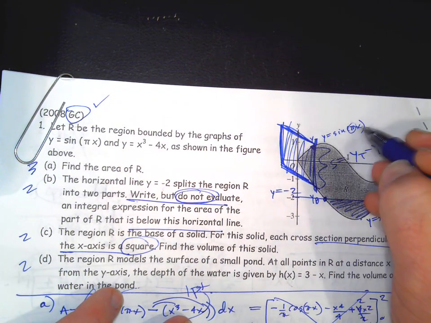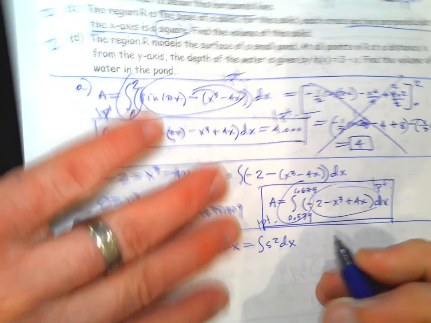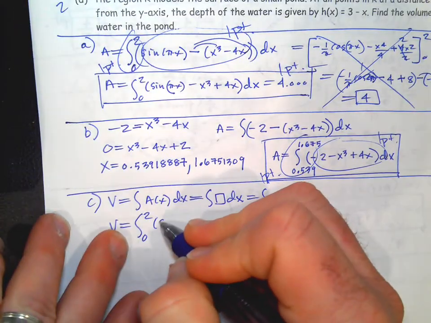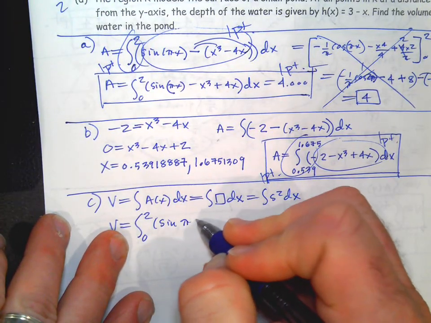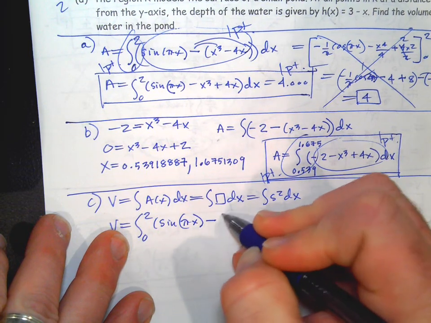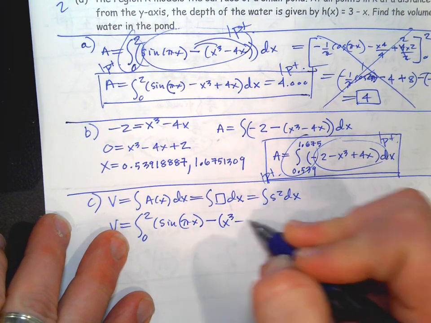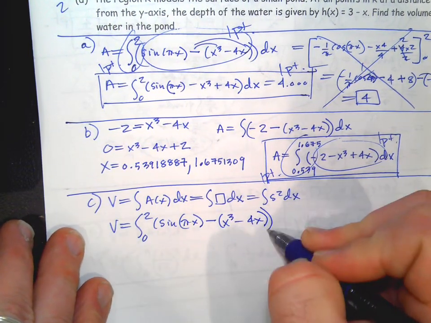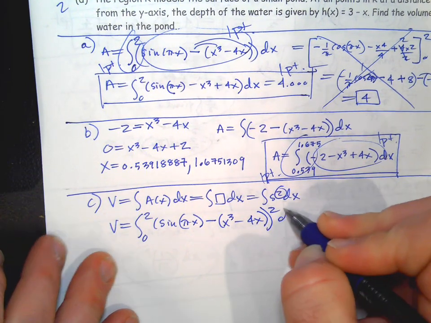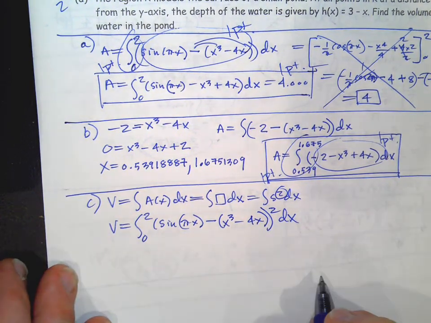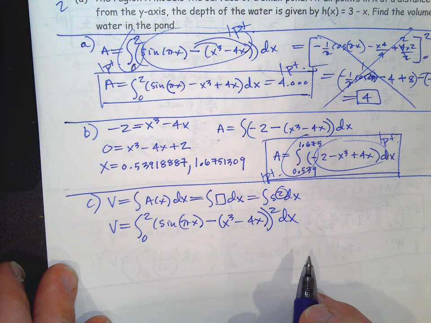Y top is the sine curve, y bottom is the cubic. So it's going to be sine pi x minus x cubed minus 4x. And then you got to square it because that's one side of the square. So that's your setup. That's good enough for the setup. That's a point.